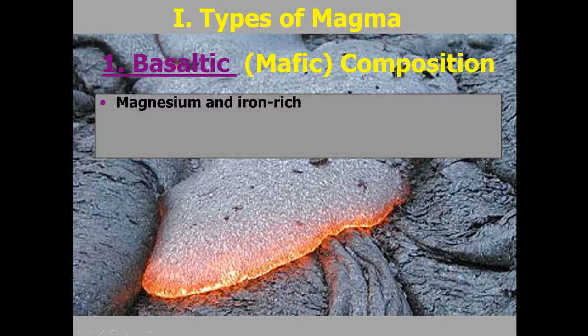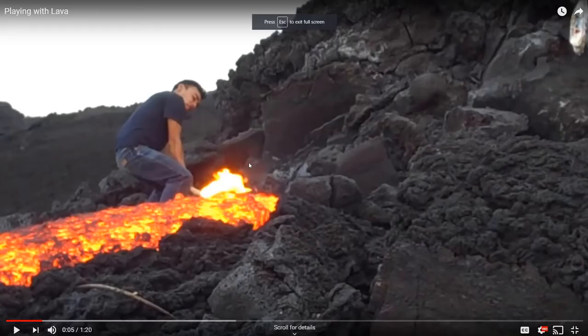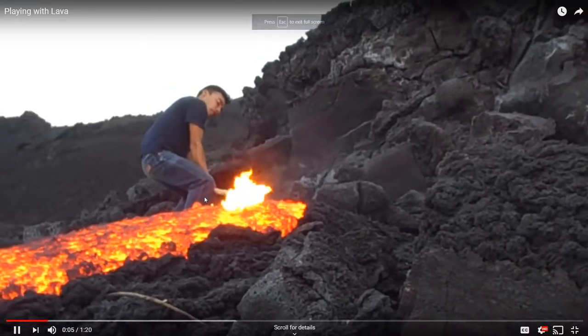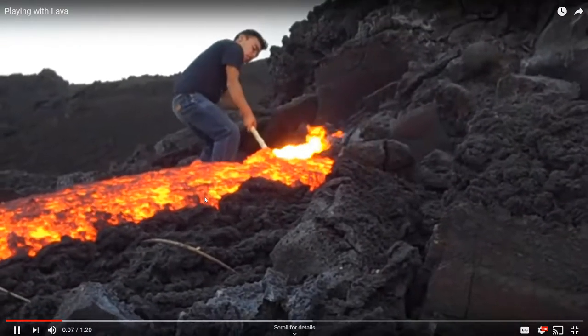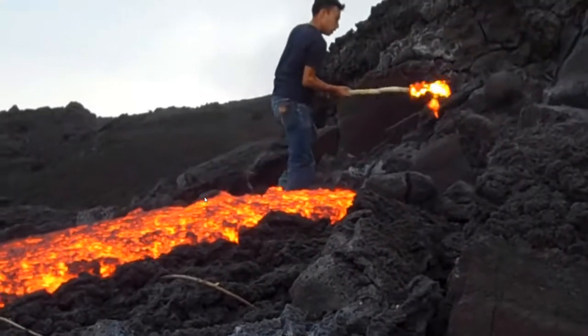And so I'm going to show you just a short little video clip demonstrating a basaltic lava flow. This is in the Big Island of Hawaii, and you can see an active basaltic lava flow.